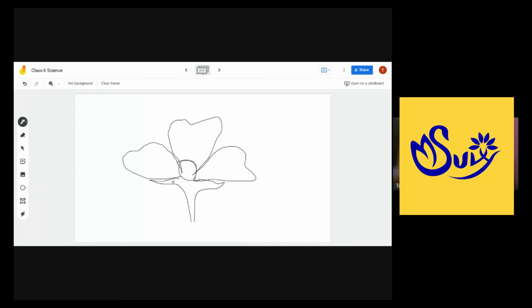This is that green part, the sepals. This is the stem of the flower. These are the petals. This is the stem. Now this part we have to study very carefully.